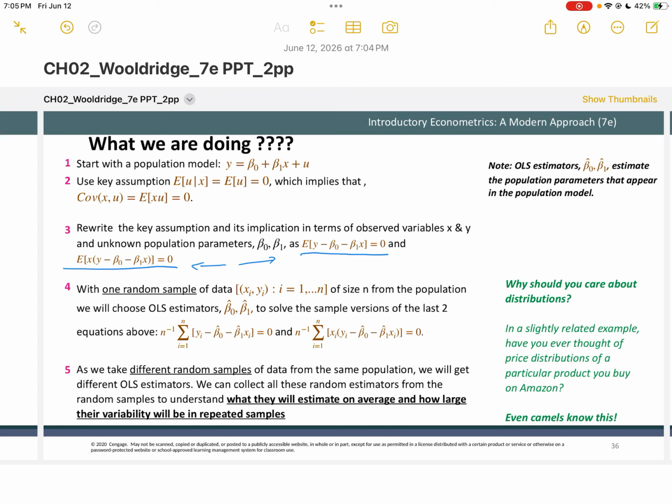So again, we are interested in what that random sample will be on average and how wide their variability will be as we repeatedly randomly collect samples from the population.